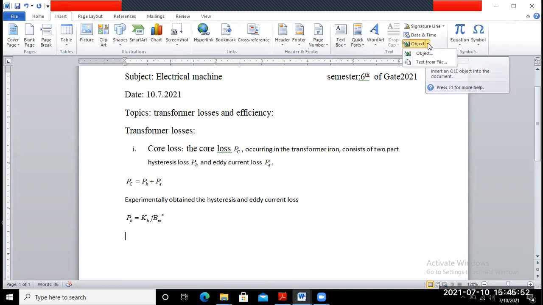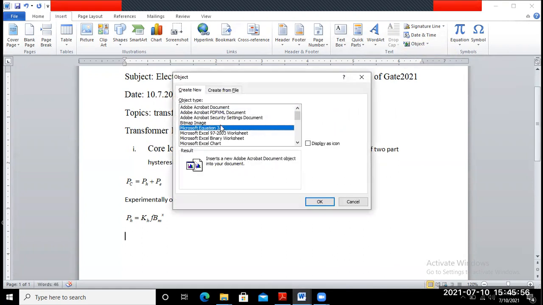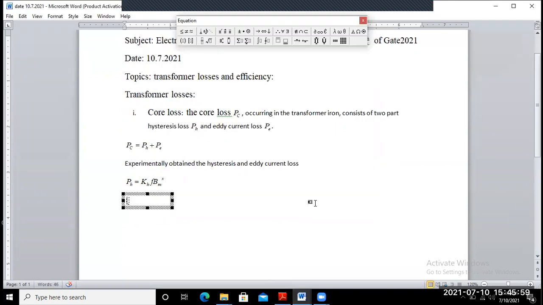So eddy current loss P_E is equal to Ke, constant of proportionality, into frequency square, that means f square, and maximum flux density to the power square, so Bm square.